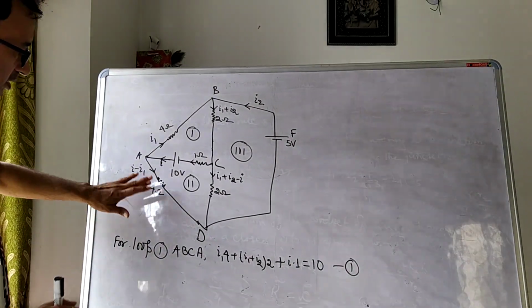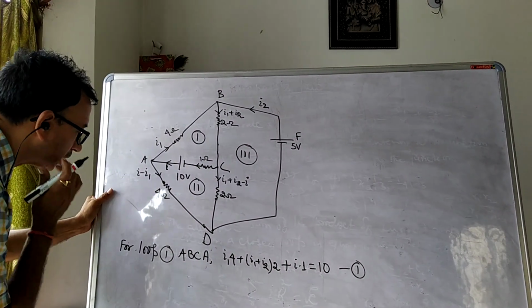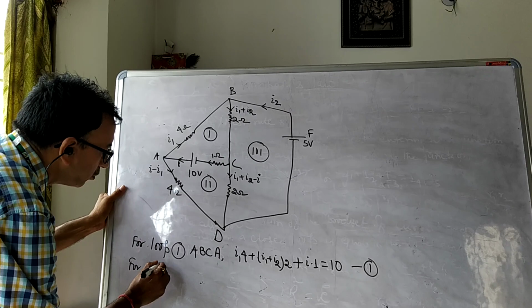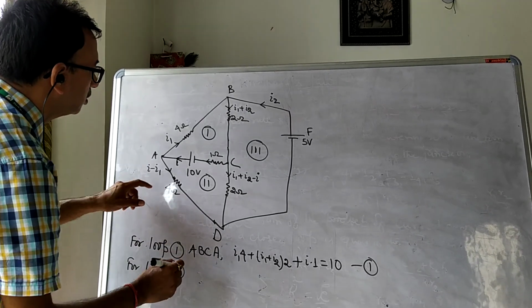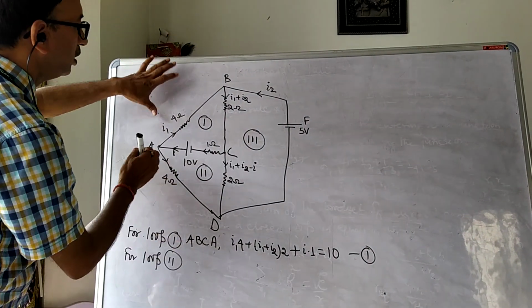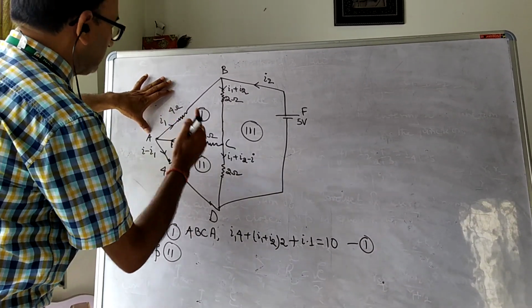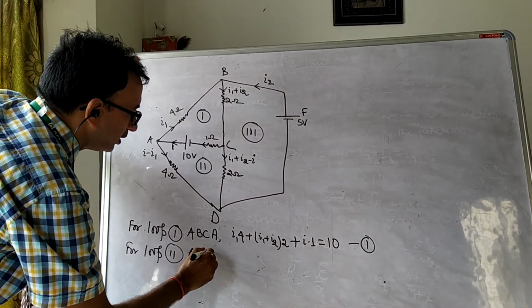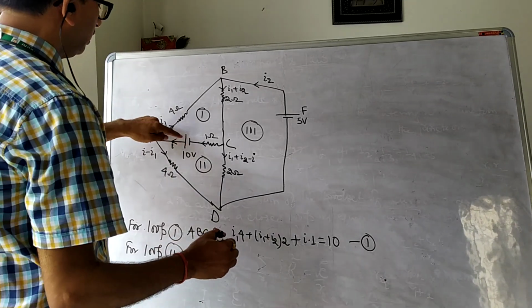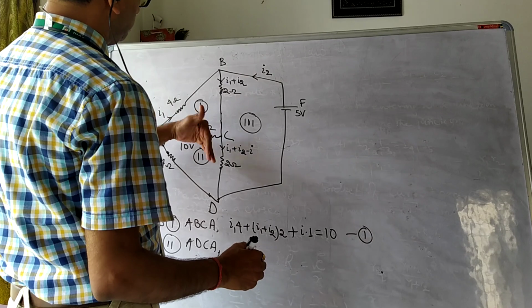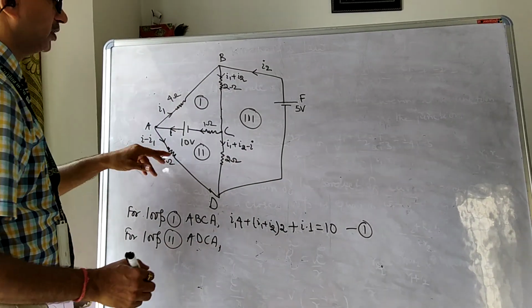Now, this is loop 2. For loop 2, if we are taking loop 2 like this, A, B, C, A, in this case we are taking this as positive. For example, if you take this positive, then this will become negative.